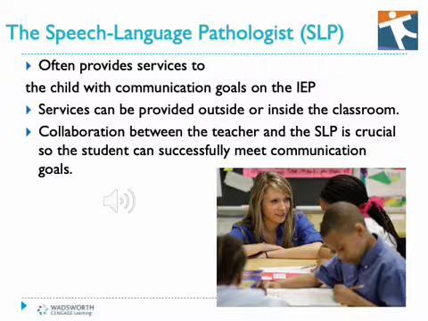A lot of their work consists of assessments, so they may start off by talking to the student's parents, some of the student's teachers.